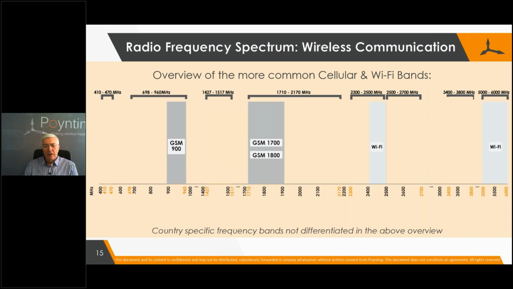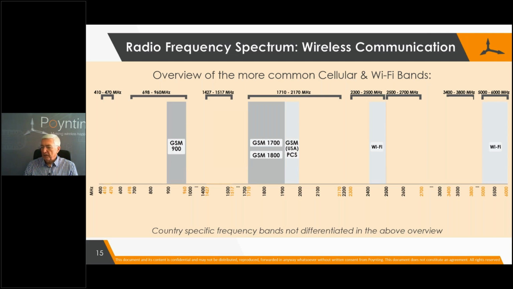The Wi-Fi frequencies, 2.4 and 5.8, were developed more or less at the same time, a little bit later, but those are the frequencies used for Wi-Fi. In the US, GSM came a little later.